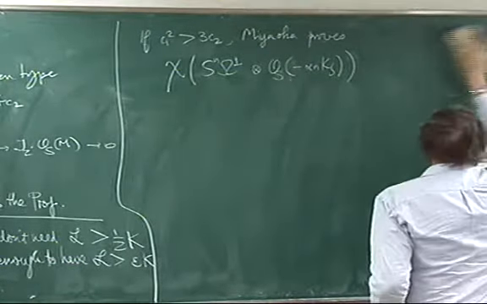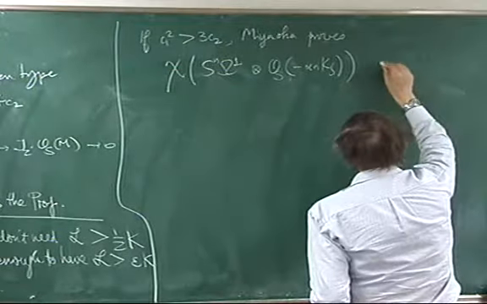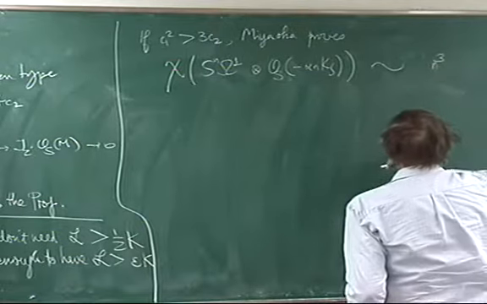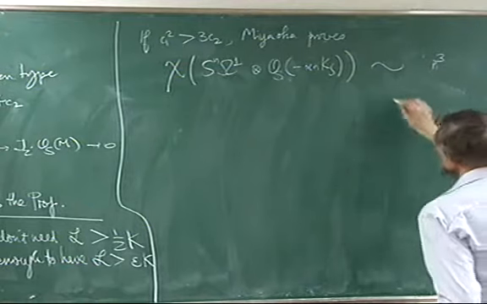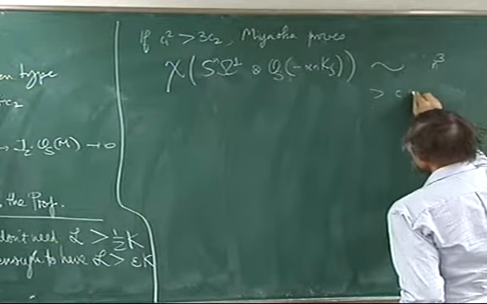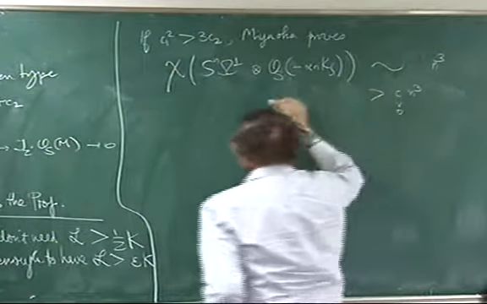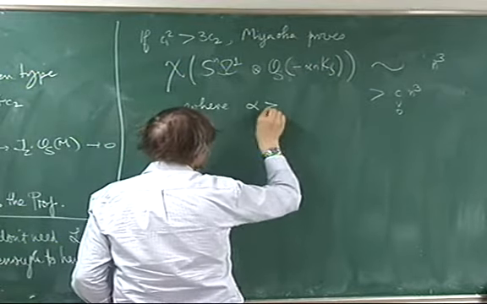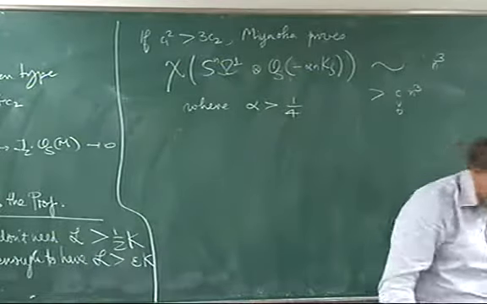I'm sorry, I first said n squared, but it grows like n cubed. I should write it as big O of n cubed, so it's greater than some positive constant times n cubed, where alpha is greater than a quarter, or maybe it's a third. I haven't checked.